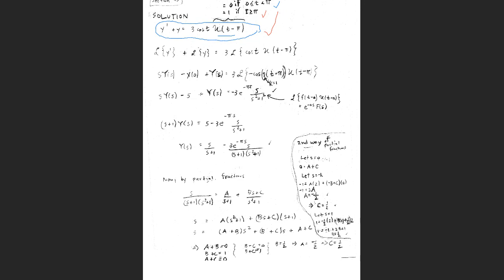Wait, where do we get this unit step function here? Well, I know that 3 times the cosine of t times this unit step function will equal 0. Here's what I'm trying to say.